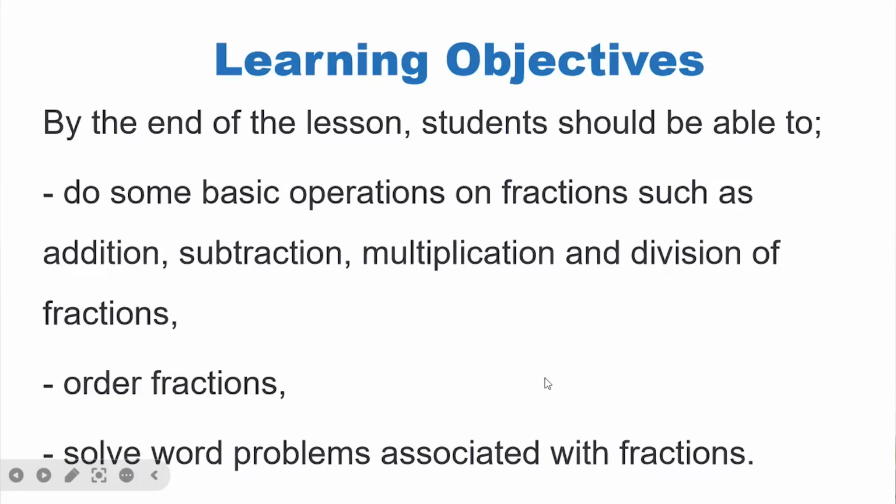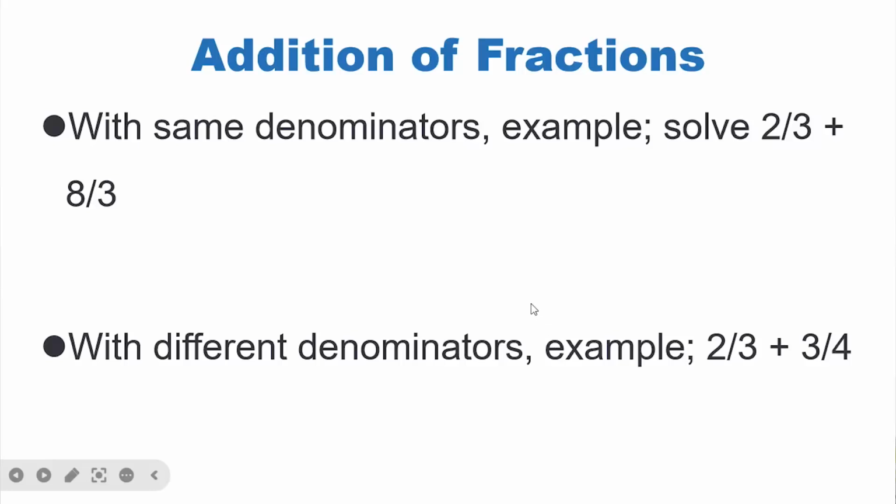So let's go to addition of fractions. That's the first operation we want to do. The first thing they ask us to do there is 2 over 3 plus 8 over 3. In addition and subtraction of fractions, remember, if you have watched our video on the introduction to fractions, we looked at some rules.